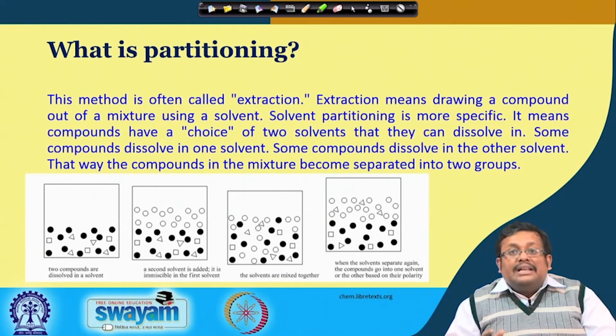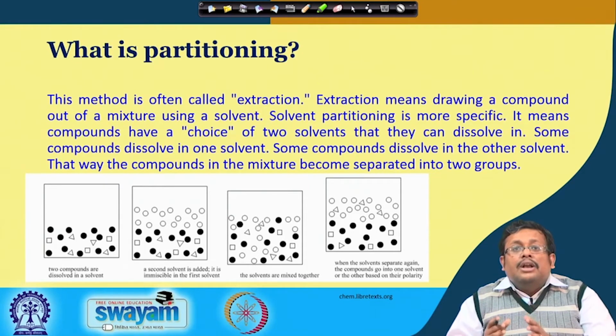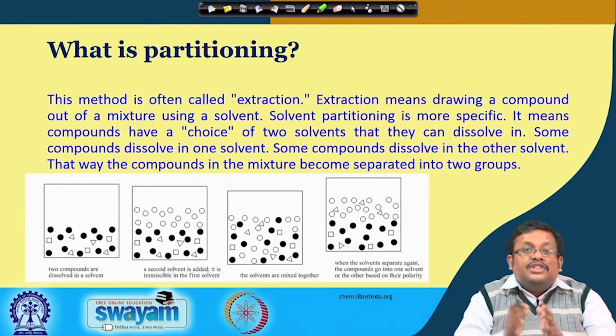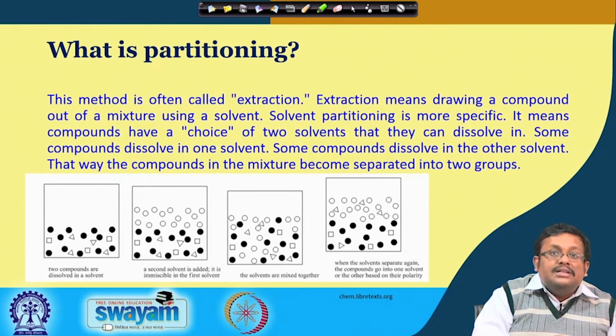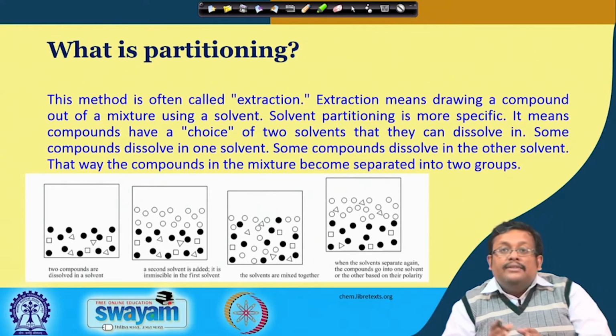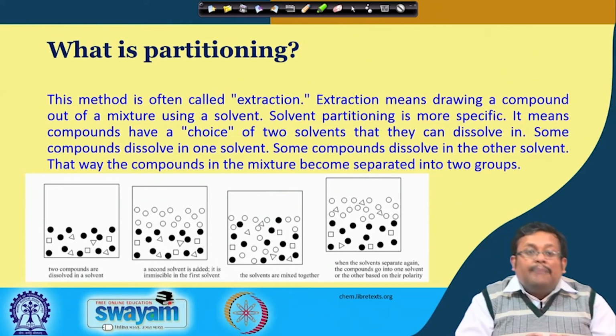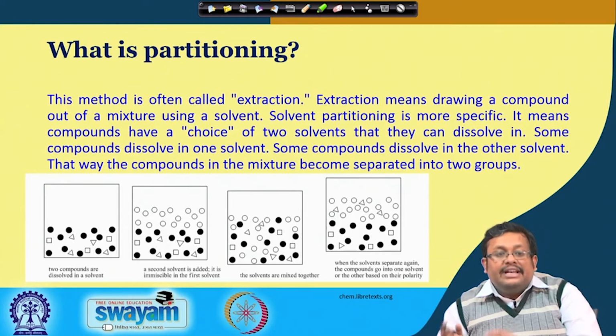Solvent partitioning is more specific. It means compounds have a choice of two solvents that they can dissolve in. Some compounds dissolve in one solvent and some dissolve in the other solvent. That way the compounds in the mixture become separated into two groups.